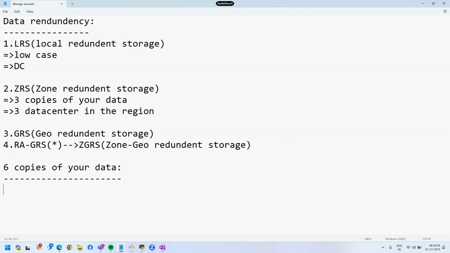Three copies within the region, and the remaining 3 copies outside of the region. Best example, let me drag the diagram. See, this is the India region. This is the US and Singapore region.